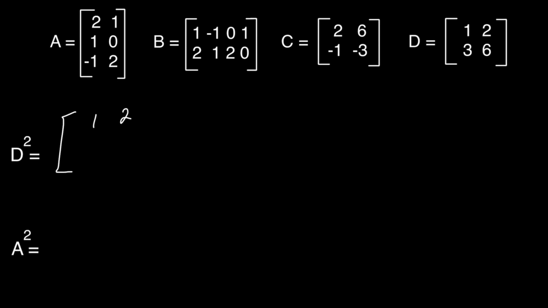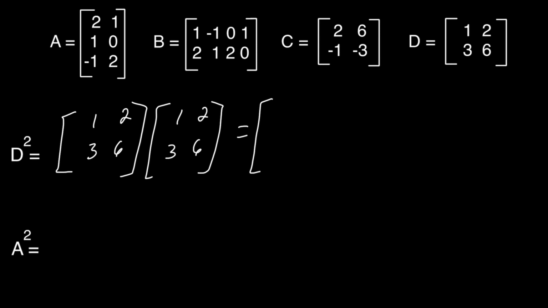Well, it's going to be 1, 2, 3, 6, multiplied by itself, 1, 2, 3, 6. So 1 times 1 is 1. 2 times 3 is 6. And we add those right over here.